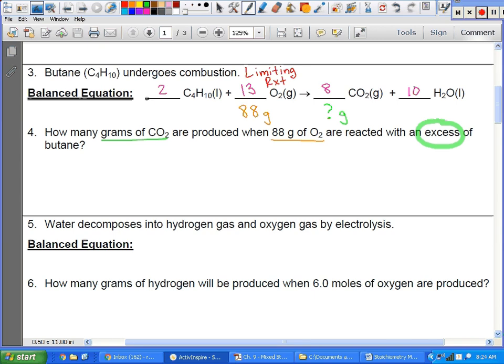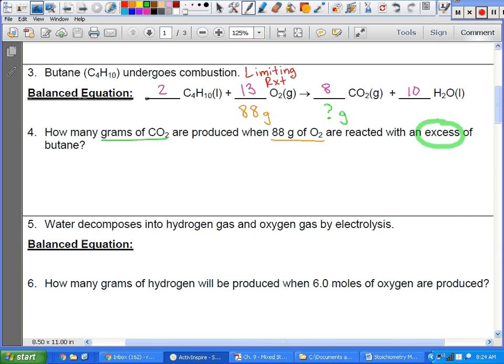So here's the deal. Even though we did not communicate, and I went and bought my own amount of hamburger meat and he went and bought his own amount of hamburger buns, would one of us buy too little? Yes, that would be considered the excess or the limiting. The limiting. Whichever one runs out first limits how much you can make, right? So basically, I can't make any more hamburgers because I'm out of one of the two.